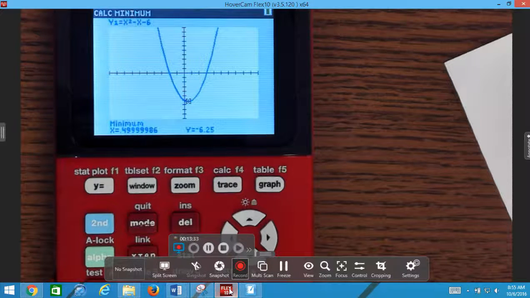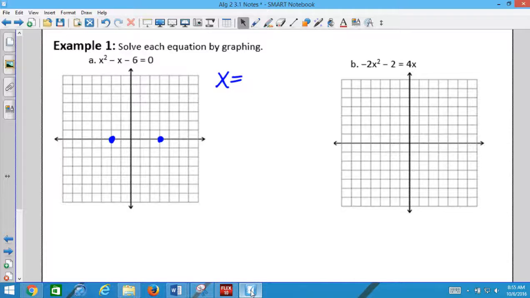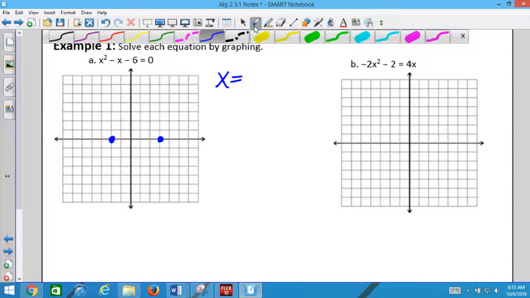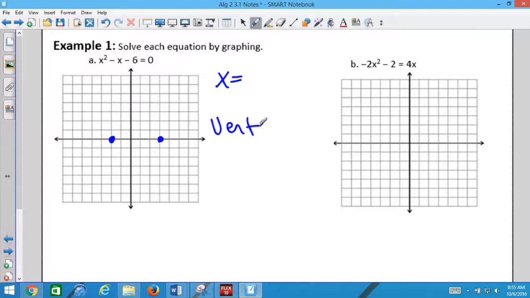But for some reason, the calculator can't be 100% accurate because of the pixels, or I don't even know what it is, but if you get a number that looks like this, it is 0.5. But why does the graphing calculator see it like that? I don't know, and you know what? Someday I'll look it up, but I haven't. So the vertex is really at 0.5, negative 6.25.